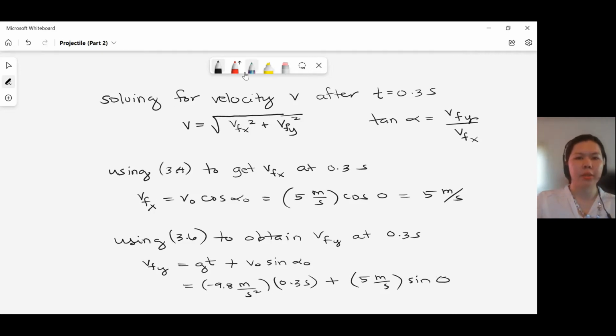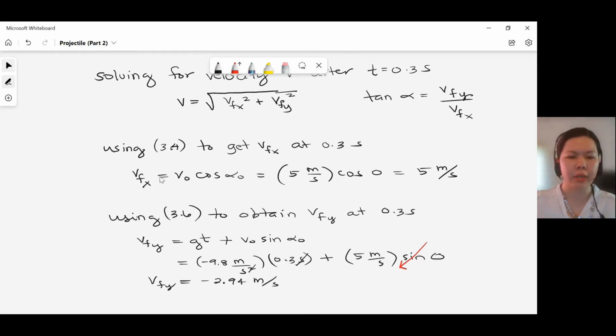Sine 0 is again 0. So we are left with the first term, multiplying negative 9.8 times 0.3. You should get an answer of negative 2.94. For the unit, second over second squared gives you second. So the unit is meters per second for vfy, or 2.94 meters per second downward.